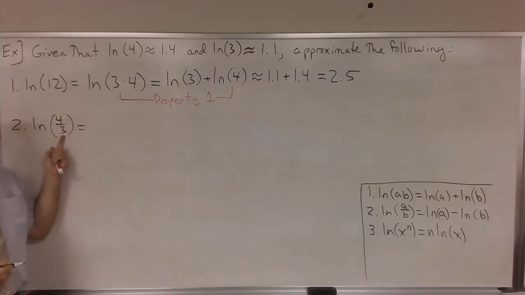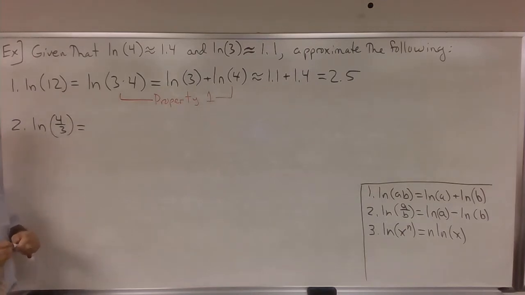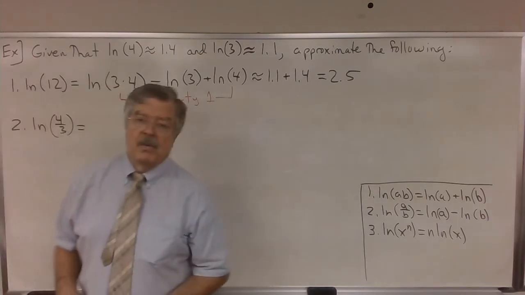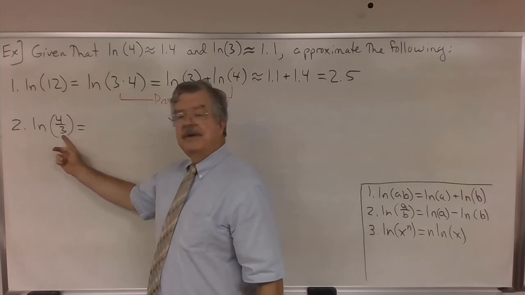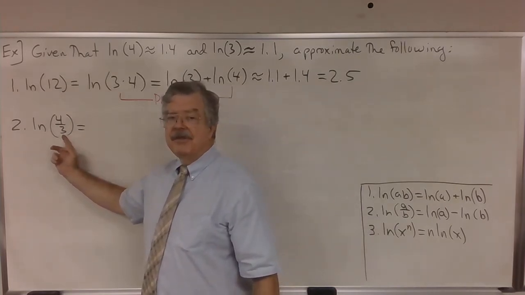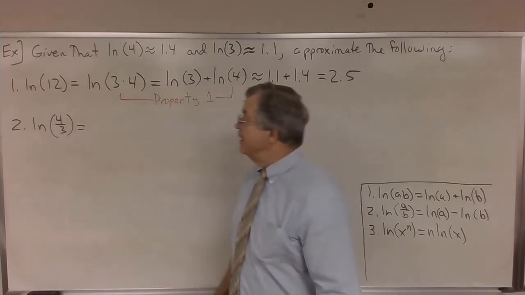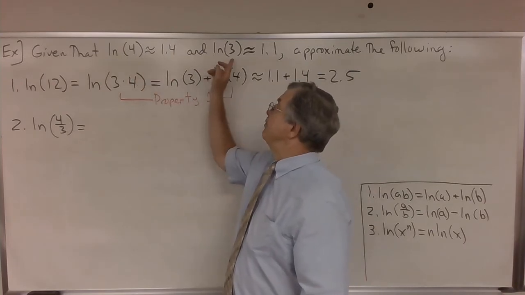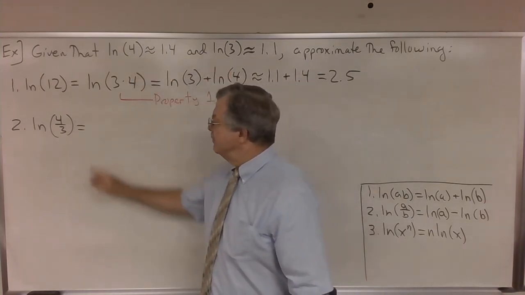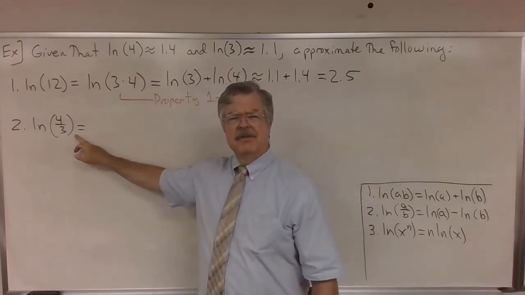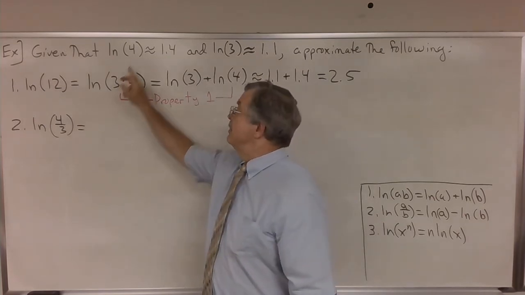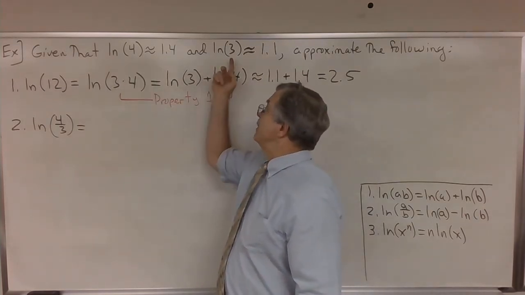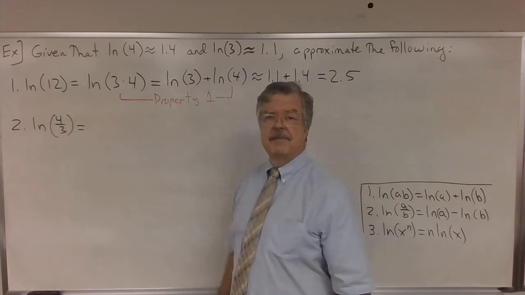How are we going to compute this? Well, we won't unless we can rewrite this in terms of things that we know, namely 4 and 3. Oh, well, it is in terms of things we know, isn't it? We know the natural logarithm of 4. We know the natural logarithm of 3.